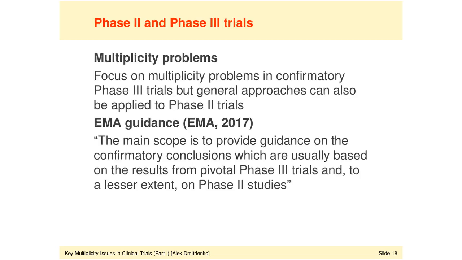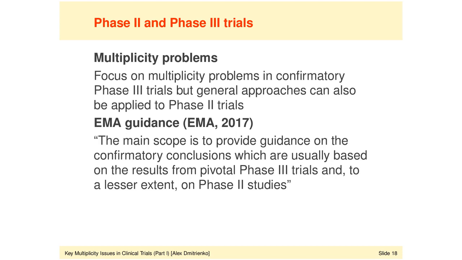I would like to briefly mention that the main focus of this online training course is a broad class of multiplicity problems in the context of confirmatory phase 3 trials, but the general methodology presented in this course is applicable in general to non-confirmatory trials. That includes phase 2 trials.